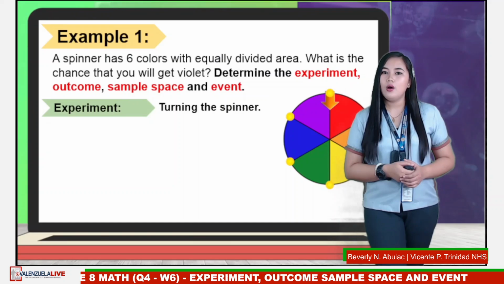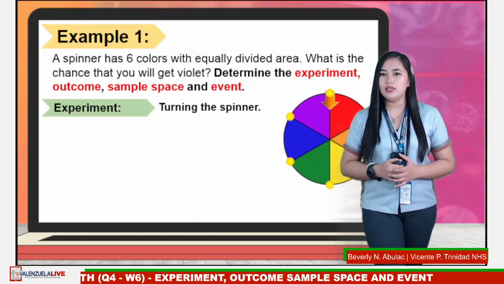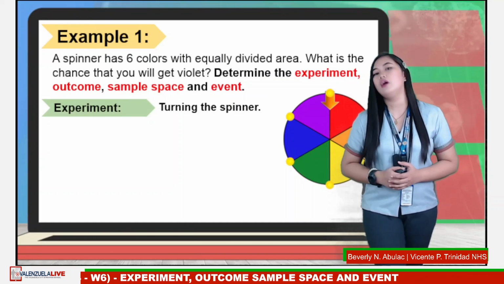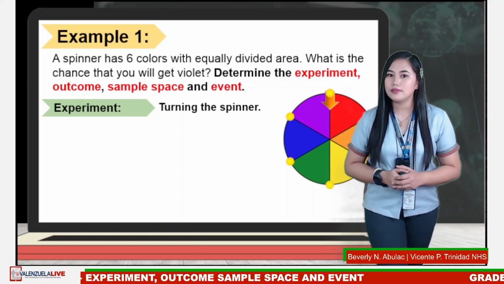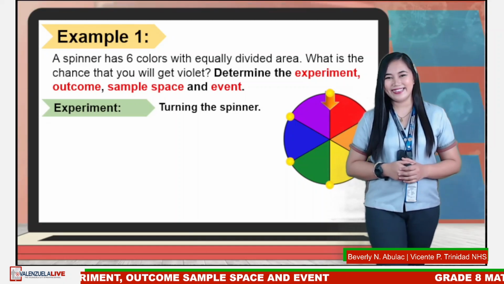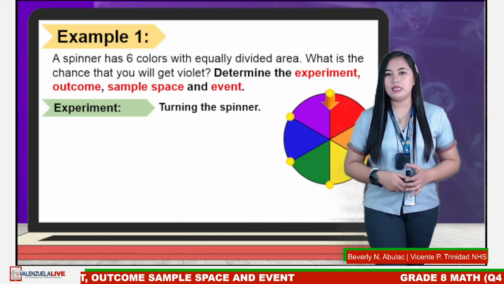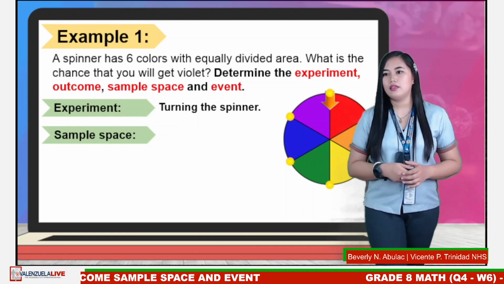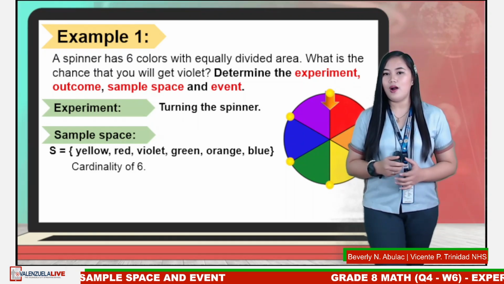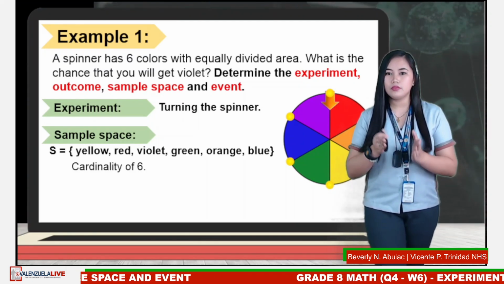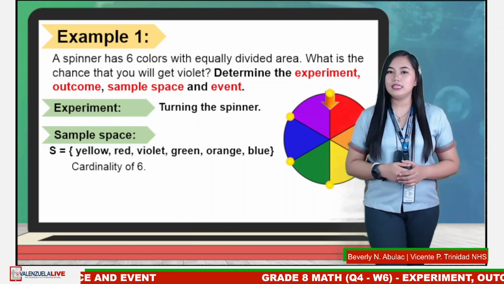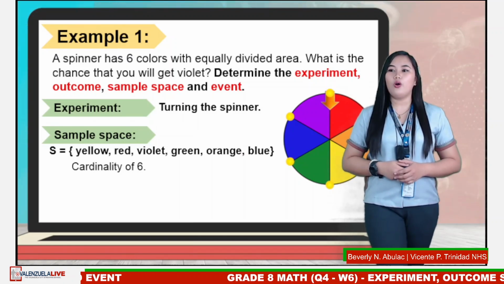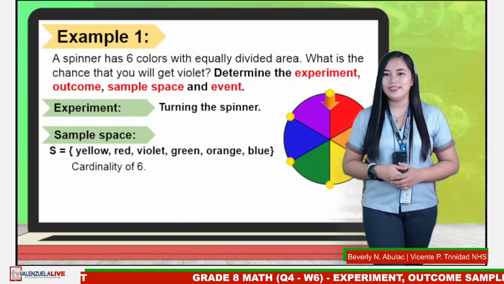Next, what could be the set of all possible outcomes of the experiment? The sample space is S equals yellow, red, violet, green, orange, blue.